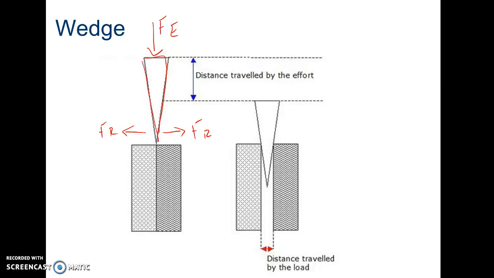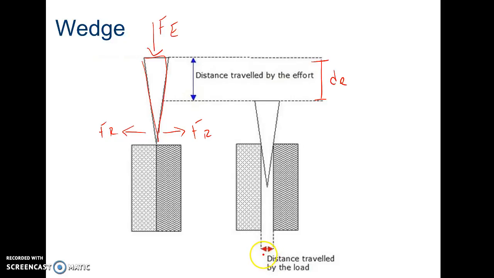Now, the distance traveled by the effort force in this particular case would be only part of the wedge, right? But if this wedge here, actually all of it went into the splitting device, right? So let's say that the entire length of the wedge went into the splitting device, then the DE would actually be equal to the length of the wedge itself, right? And that's what we had previously said. So moving forward, that's really what we're going to assume. We're going to assume that the entire wedge is actually being pushed into the splitting device, okay?